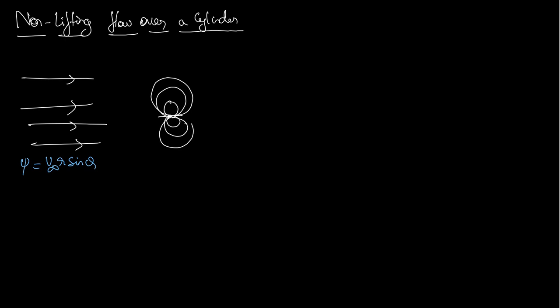Assume this is symmetrical. I'm adding this with a uniform flow. The doublet is of strength kappa, and we know that the stream function for a doublet flow is minus kappa by 2 pi times sin theta by r.